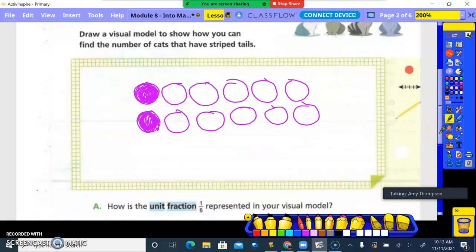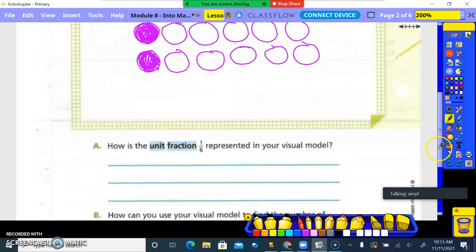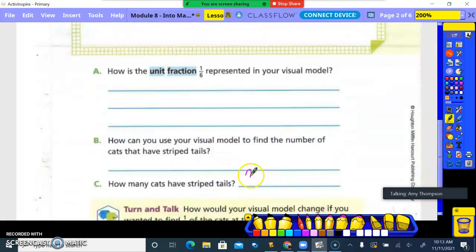So how many cats had striped tails? 2. So let's go down here real quick. So we know that 2 cats had striped tails. Now letter A, how is the unit fraction 1/6 represented in your visual?